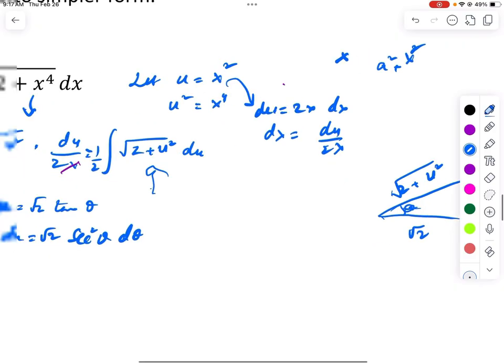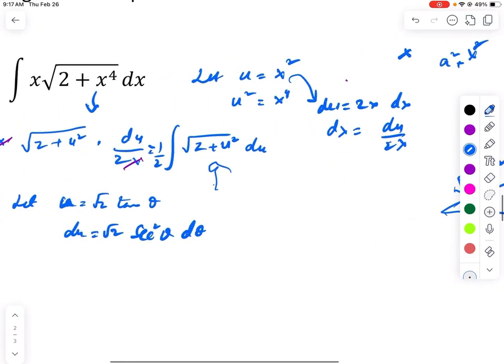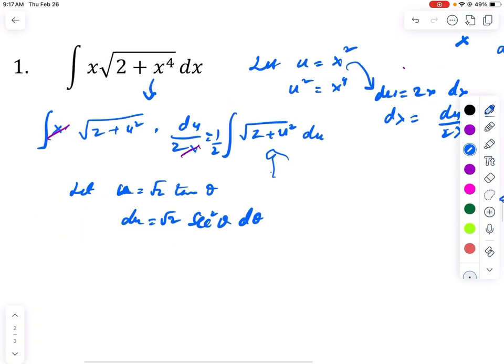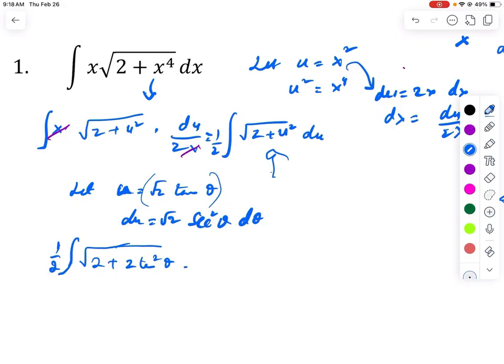Going back to our problem, we substitute back these quantities and we end up getting 1/2 times the integral of the square root of 2 plus u squared, which means this quantity squared gives 2 tangent squared theta, and then we multiply by square root of 2 secant squared theta d theta.